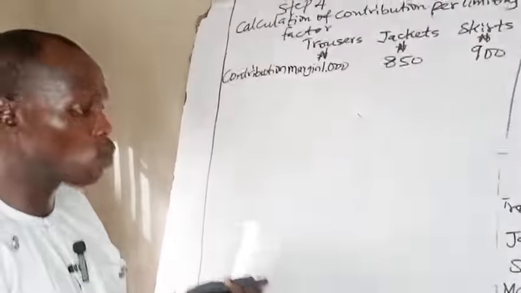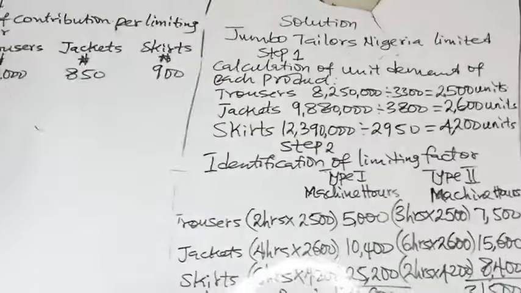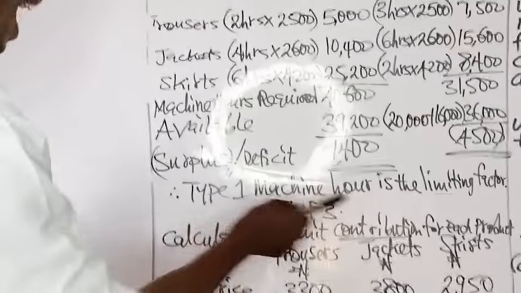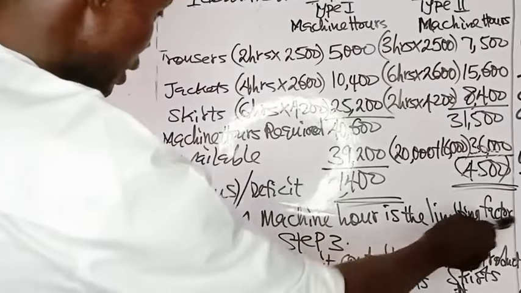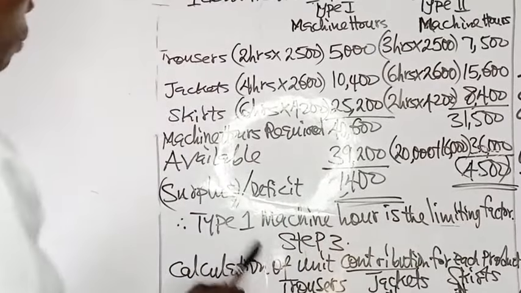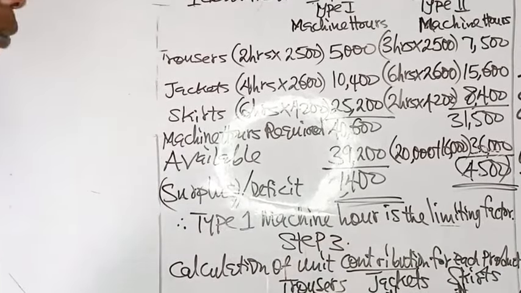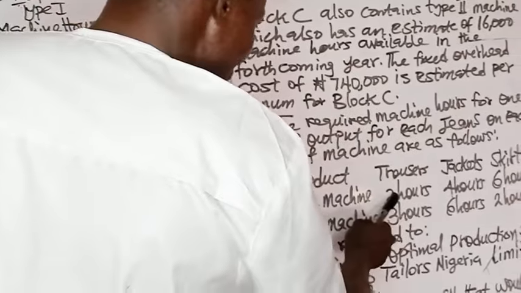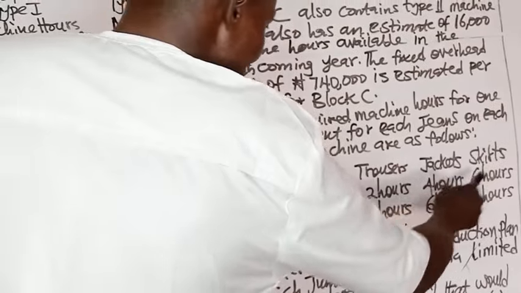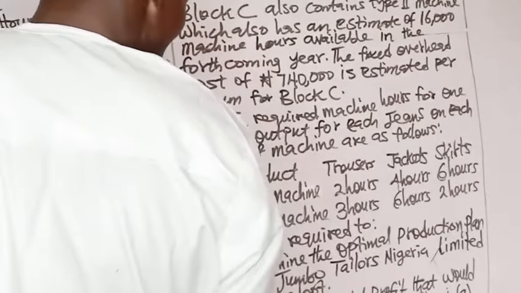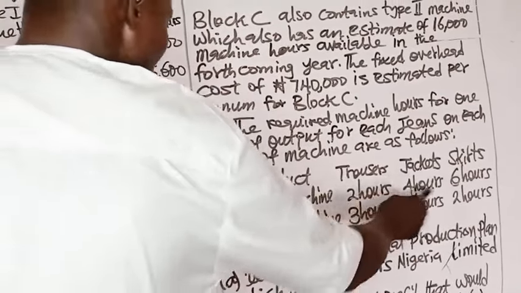So back to the question. Remember, we have identified type 1 machine hours as the limiting factor. And the type 1 machine hours for trouser is 2 hours, jackets 4 hours, skirts 6 hours.